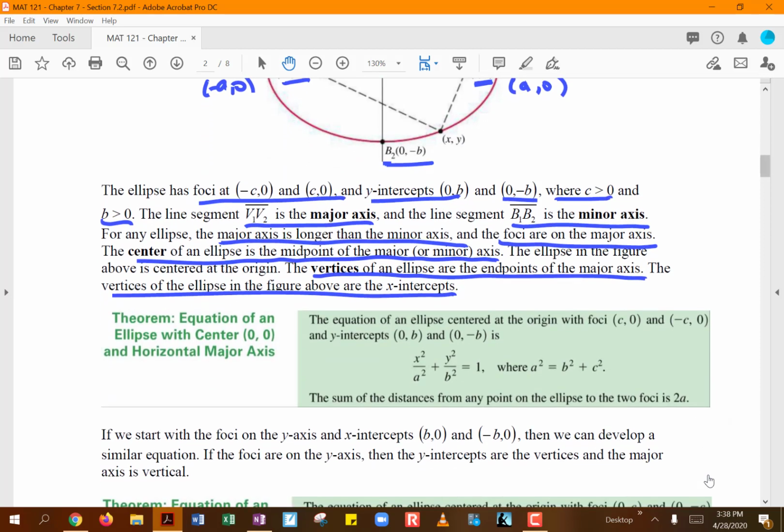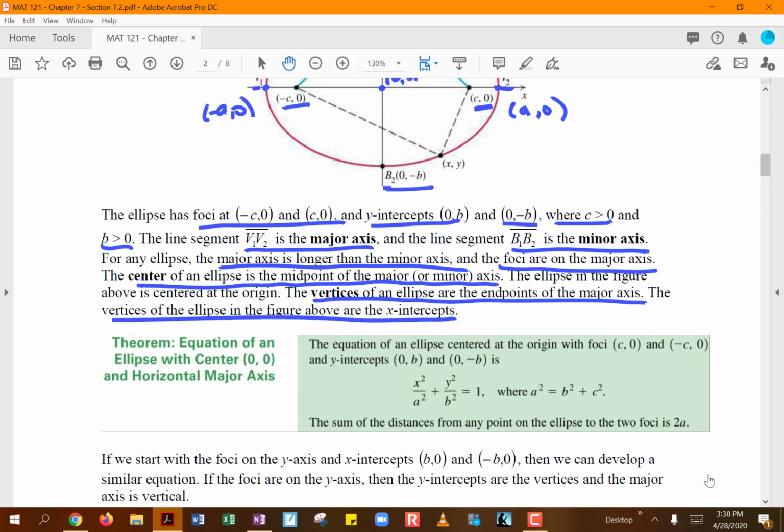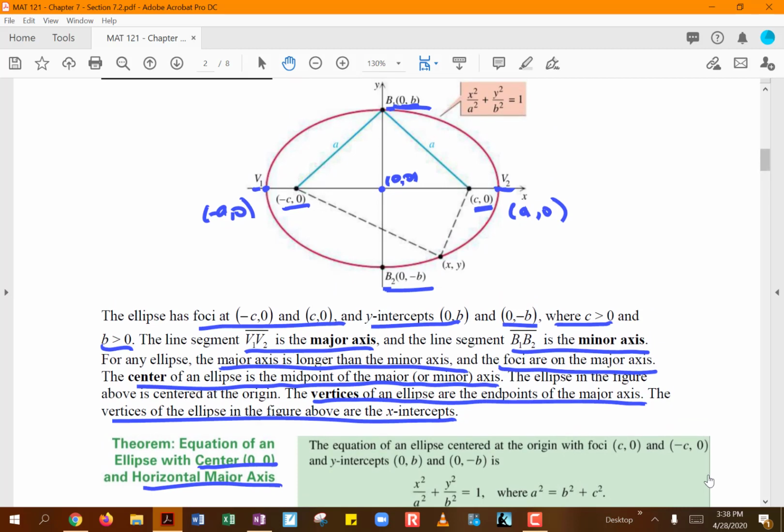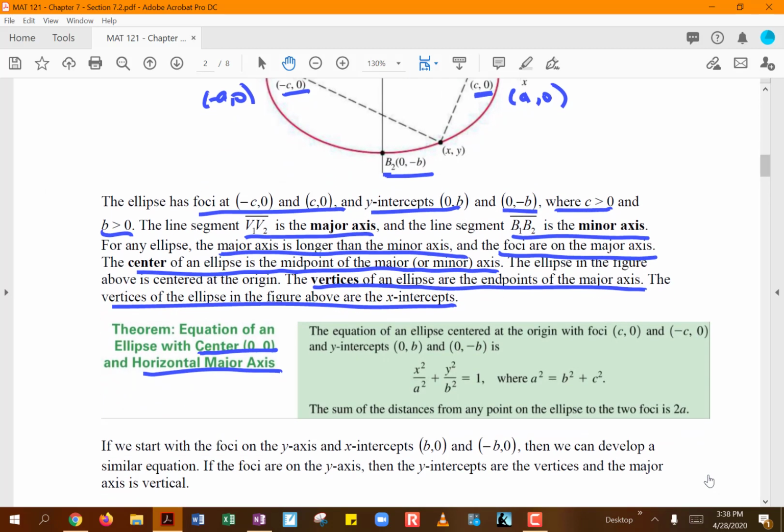So if you look at the equation for an ellipse that has a center at (0, 0) and a horizontal major axis, which means the broader part of your ellipse is going to be on the x-axis. That's where your major axis is going to be. Again, your foci are defined as the ordered pairs (c, 0) and (-c, 0). Y-intercepts are at (0, b) and (0, -b).